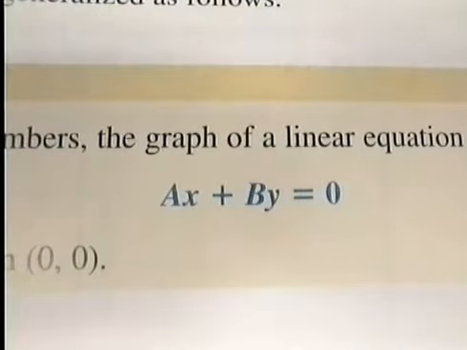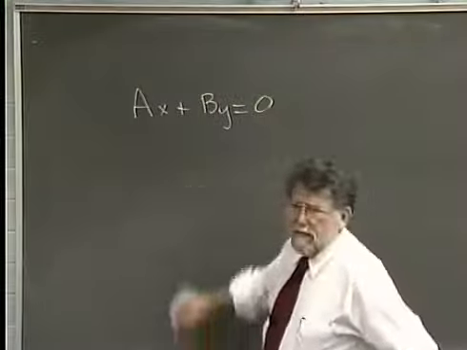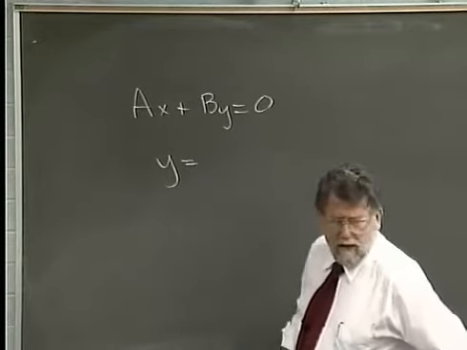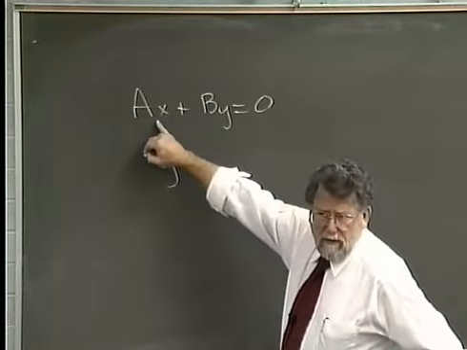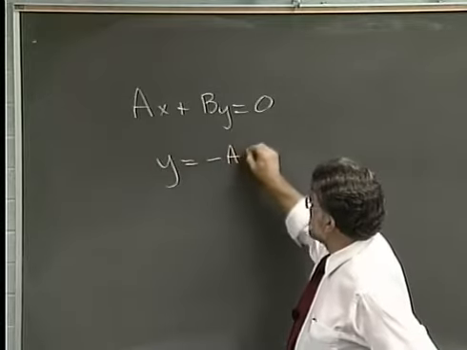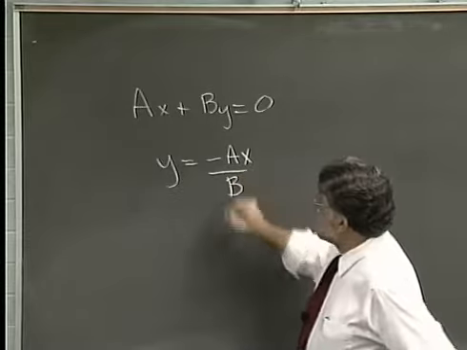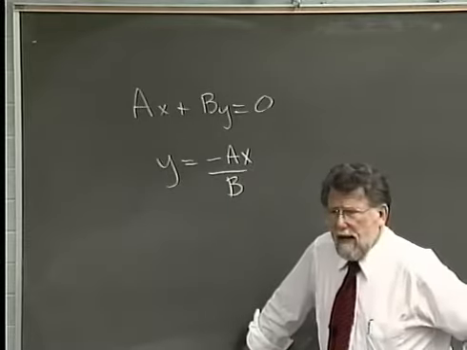So in this form, we have ax plus by equals 0. I'll write it up here on the sideboard now. And if you solve for y, what do you get? We get y equals, the ax is being subtracted from both sides, so I have minus ax. And then I divide it by b to get y by itself, so I get minus a over b times x.